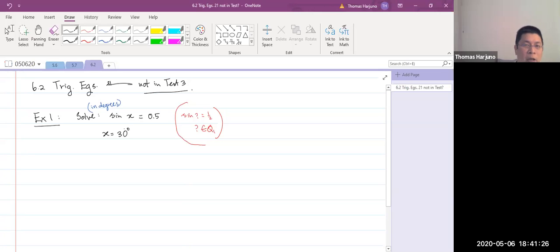That's in the sense of the reference angle, and sine 30 degrees is also 1/2. However, sine is positive in two quadrants, quadrant 1 and quadrant 2. So what will the answer be in quadrant 2? Use the same reference angle.